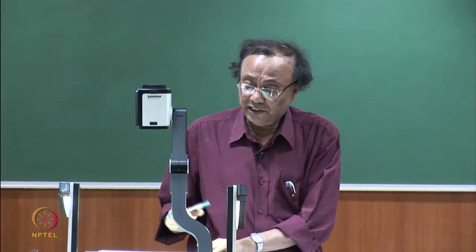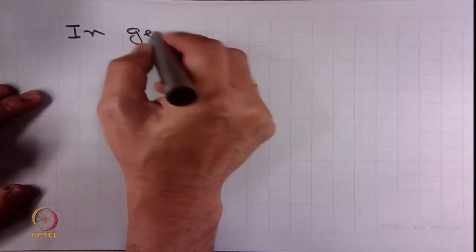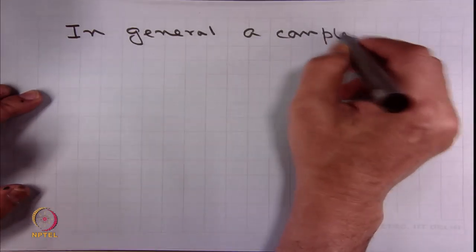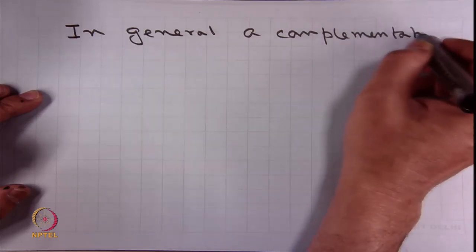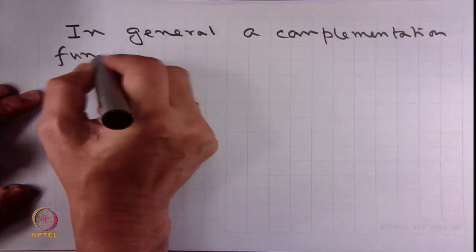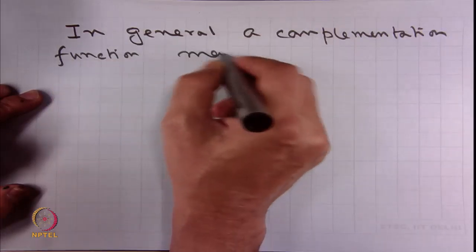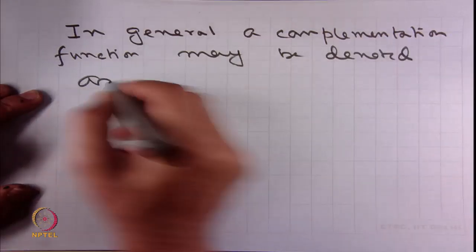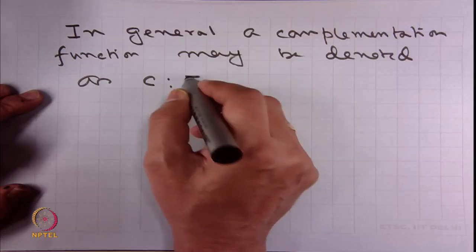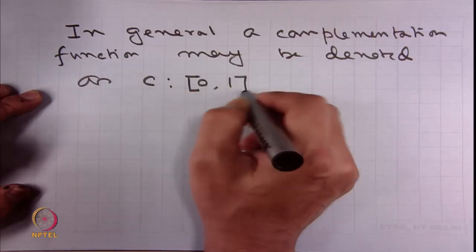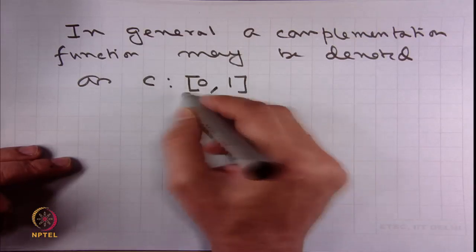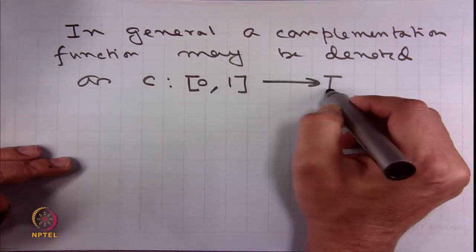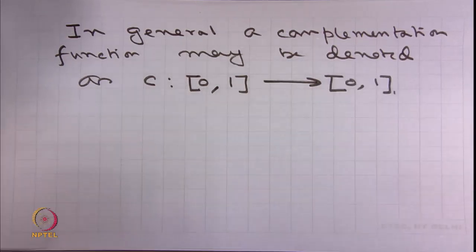Okay. So, in general, a complementation function may be denoted as C, which is defined from the closed interval 0 to 1 to 0 to 1. What does it mean?